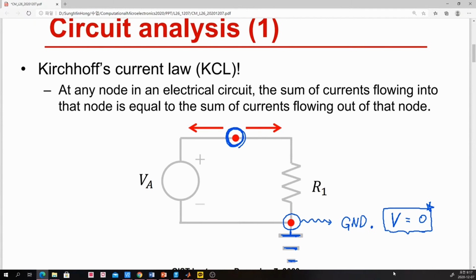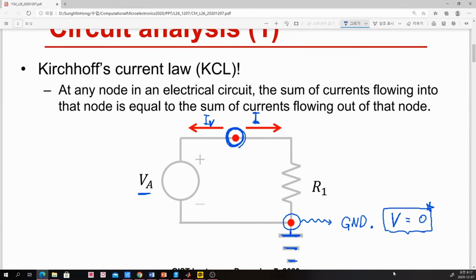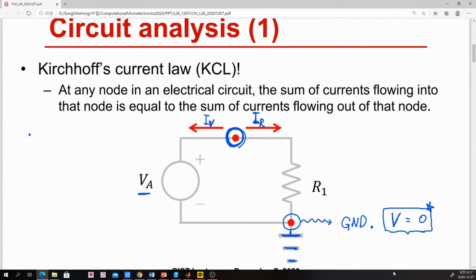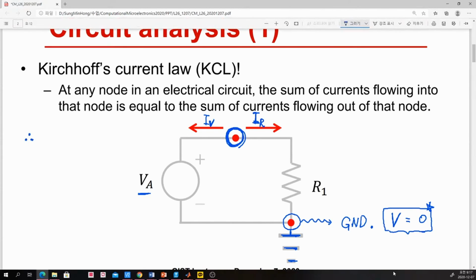In this case, let's say this is the current through the branch connecting the voltage source, and this is the current through the branch for R1. Then by applying Kirchhoff's current law, the sum of I_V and I_R should be 0.